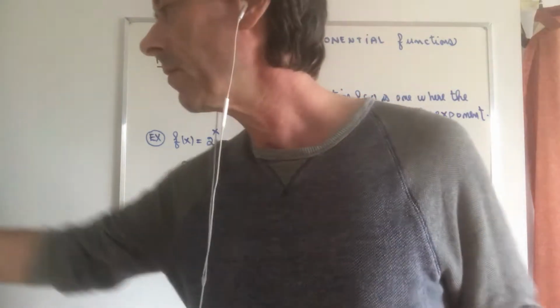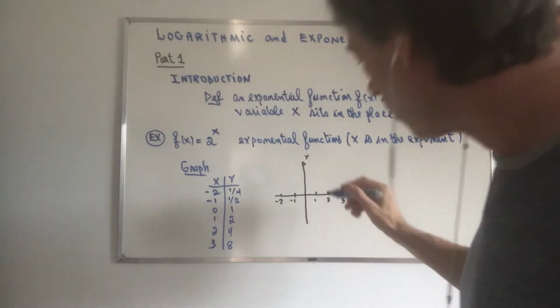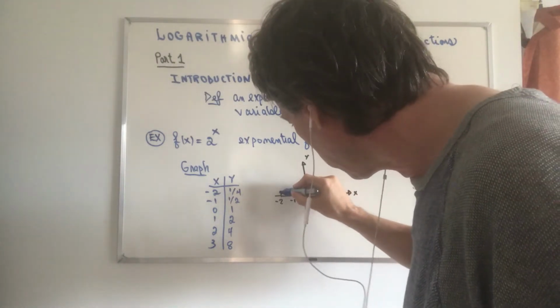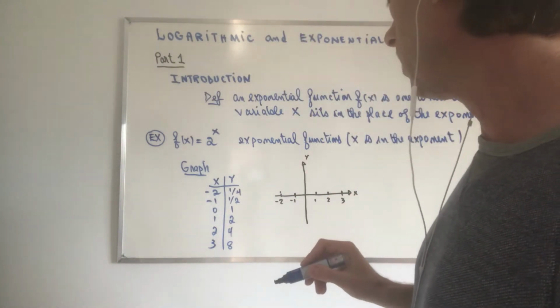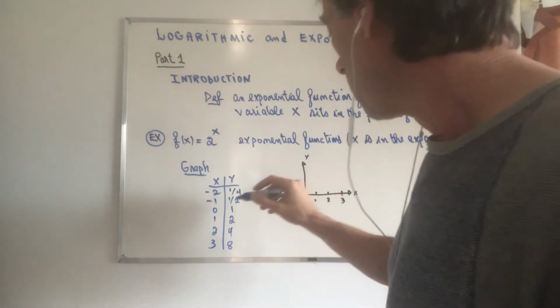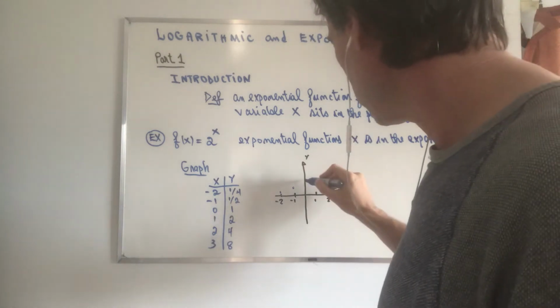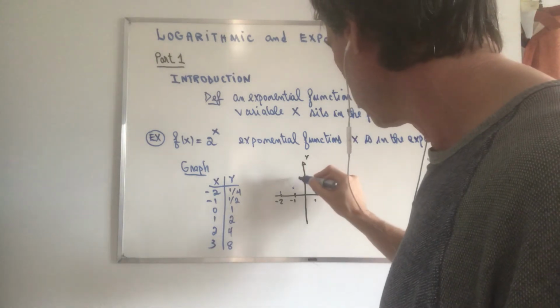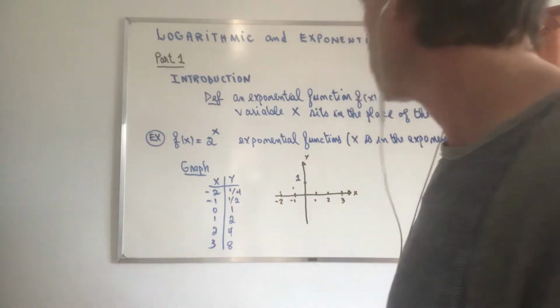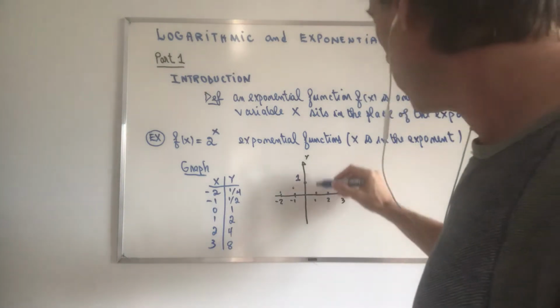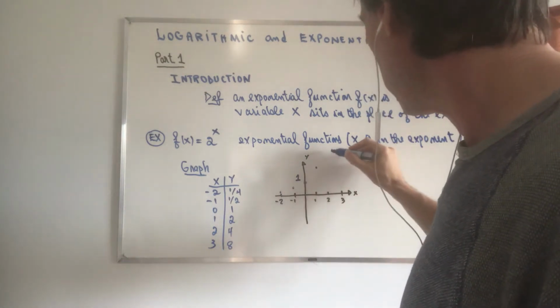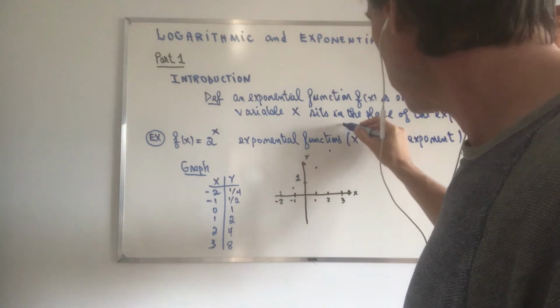And we'll approximate the y's. So minus 2, 1/4, very, very close to the x-axis. Minus 1, 1/2, ever so slightly higher, but not that much. Let's put 0, 1 here. And then 1, 2. And then 2, 4. And then 3, 8.